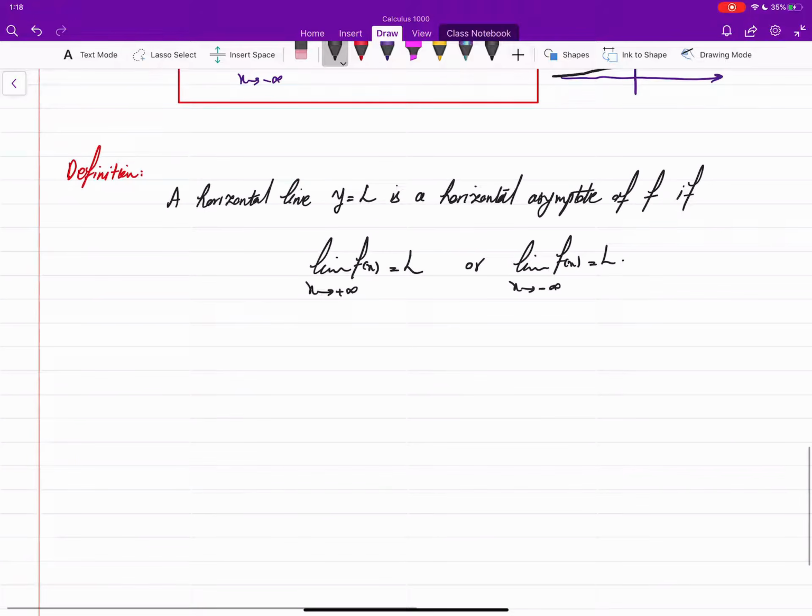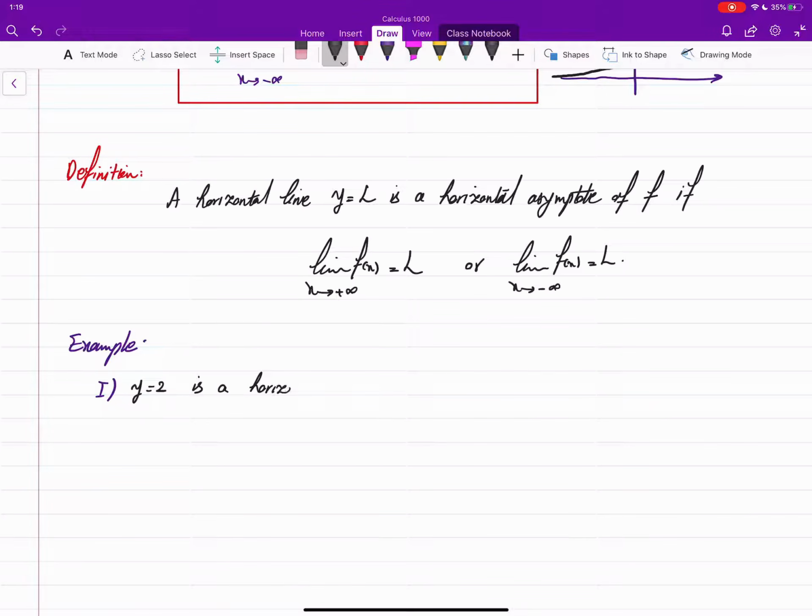For example, the examples that we had above: y equal to 2 is a horizontal asymptote of the function f of x equals 2. This is the best thing that can happen. It's actually the line itself.